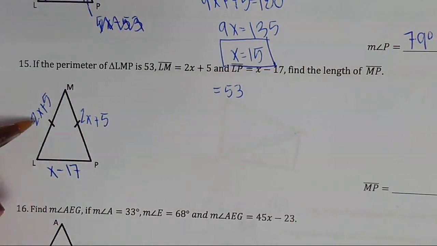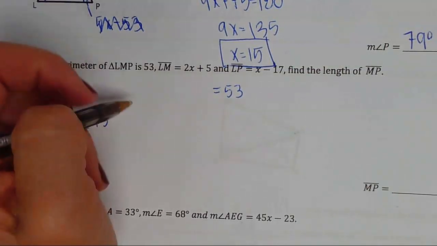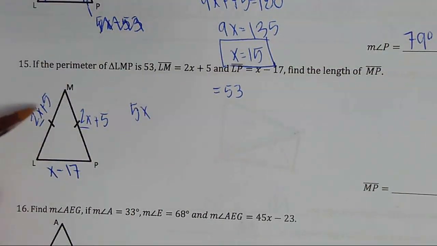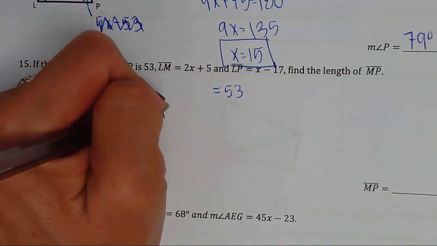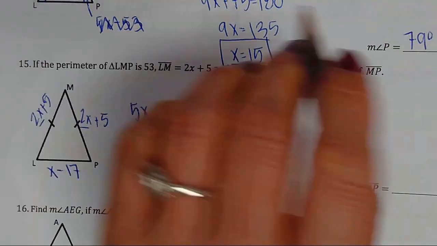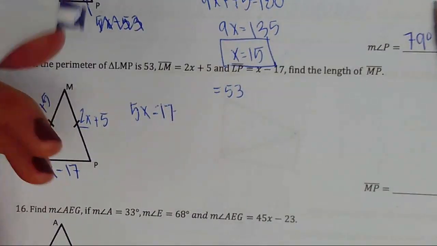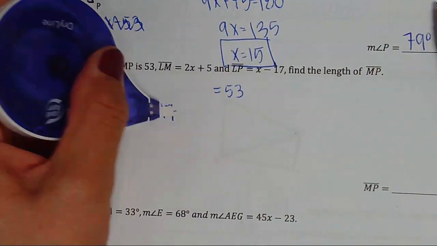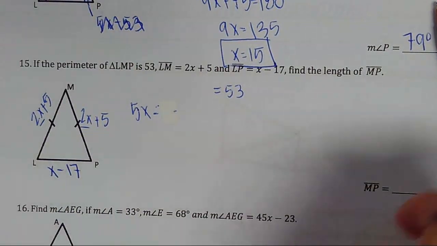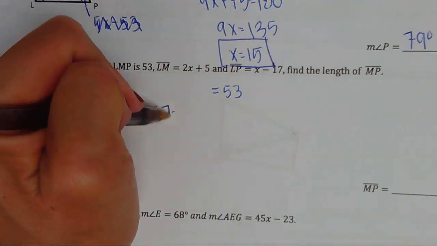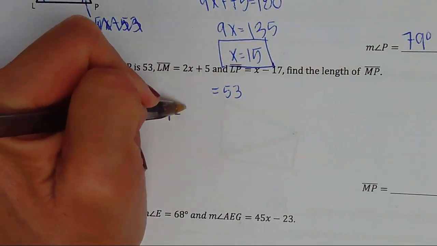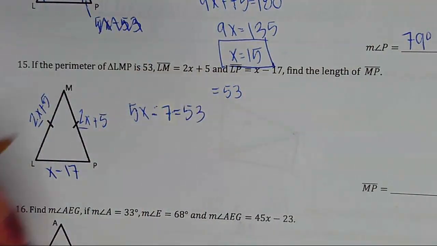So what I'm going to do is combine my like terms. So 2x plus x, I'm going to get 5x. Positive 5 minus 17 is going to give me negative 12, not negative 17. Minus 12, and I know it's going to be equal to the perimeter, which is 53.